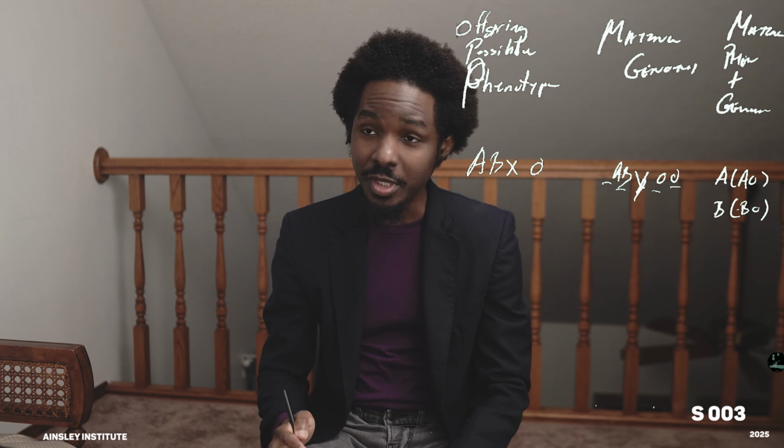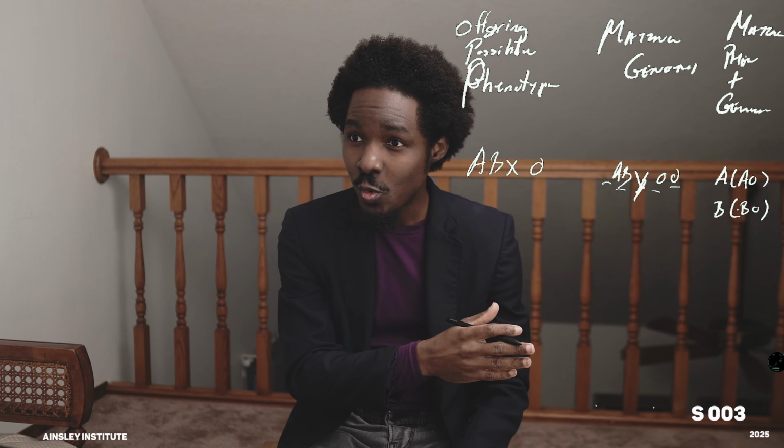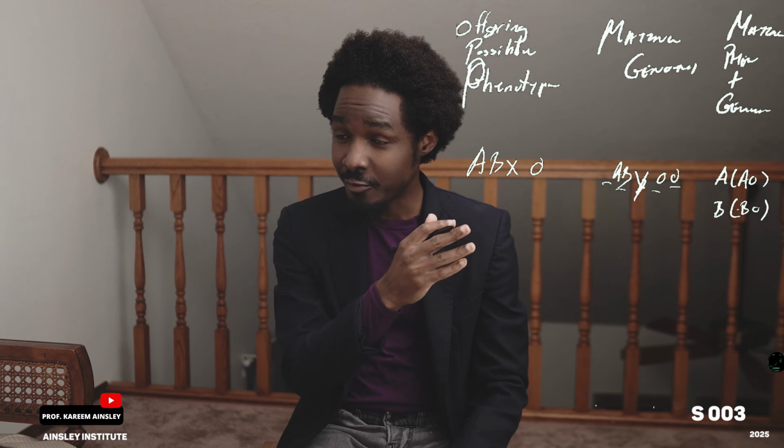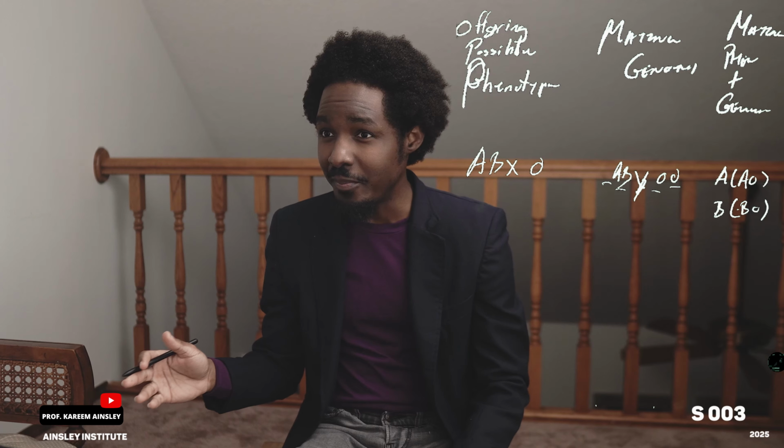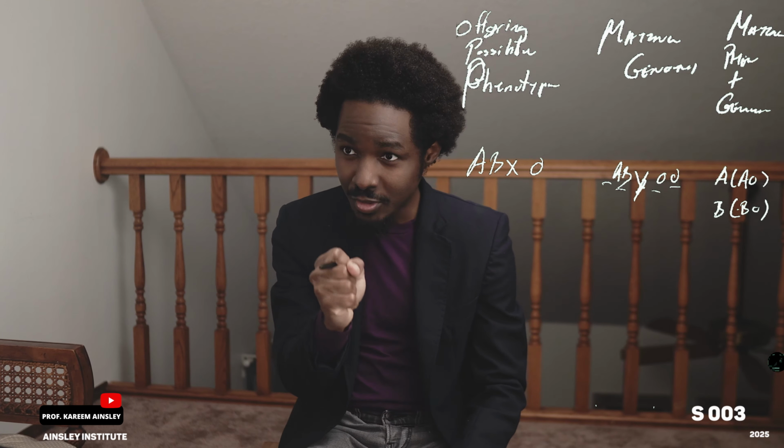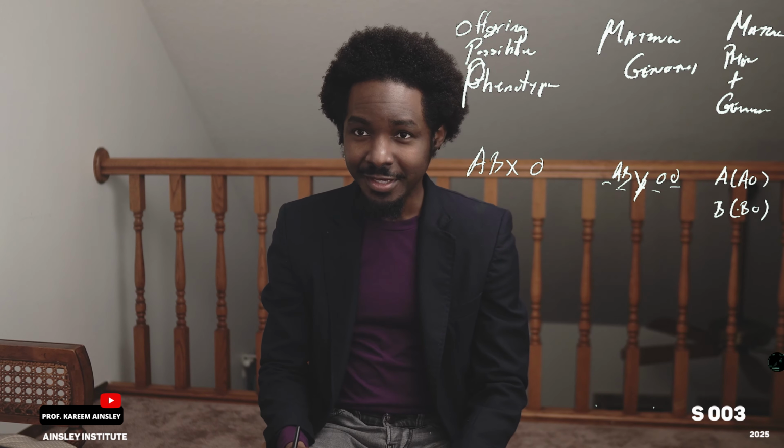You cannot have any other combination, because in order to express O, you have to have O recessive from one parent and O recessive from the other parent to come together to give a fully recessive expression.